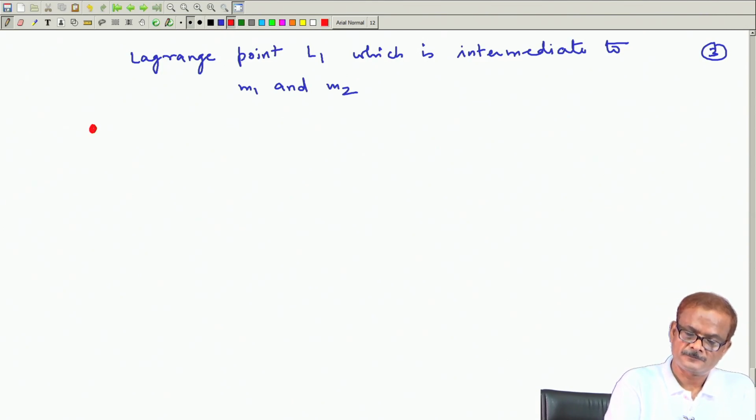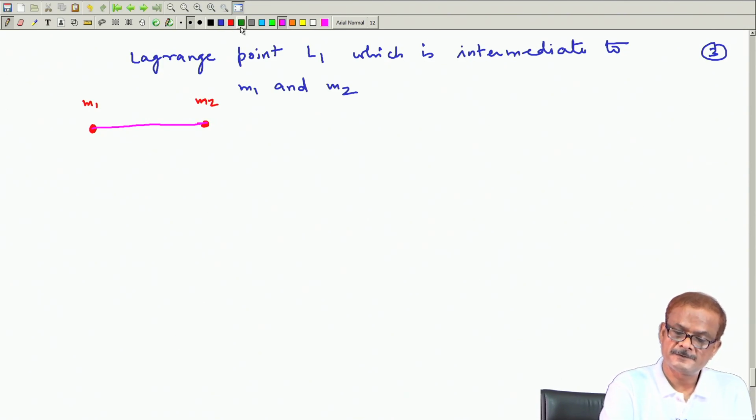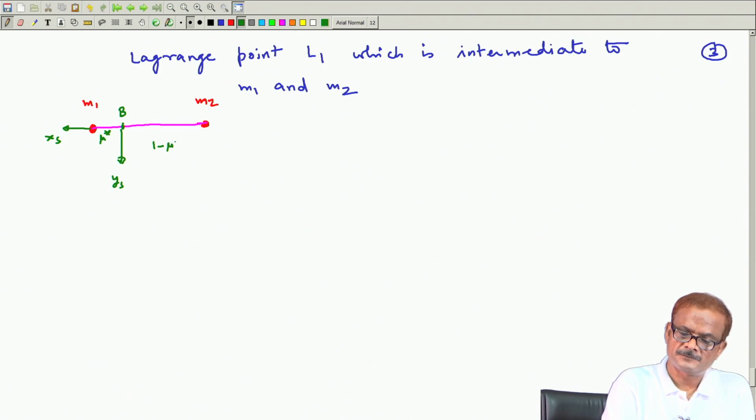So, as usual, M1 and M2, these are the masses. The barycenter is located here in this place. In this direction we have taken x, this is y, and the barycenter is located here. This distance we have written as mu star, and this distance we have written as 1 minus mu star, from here to here.